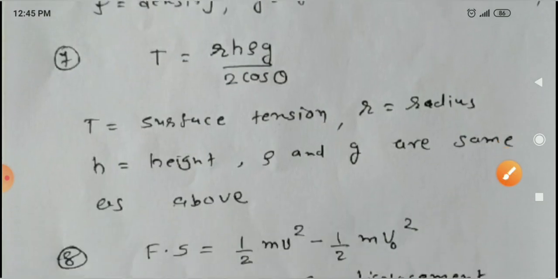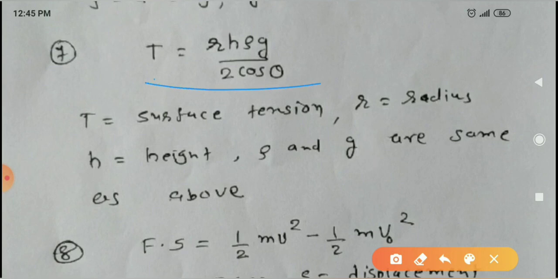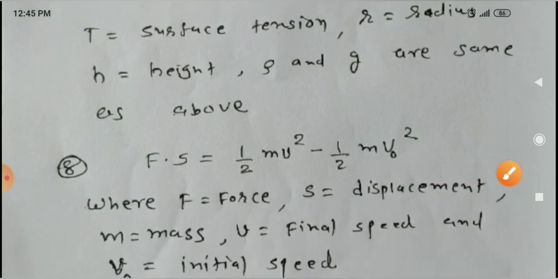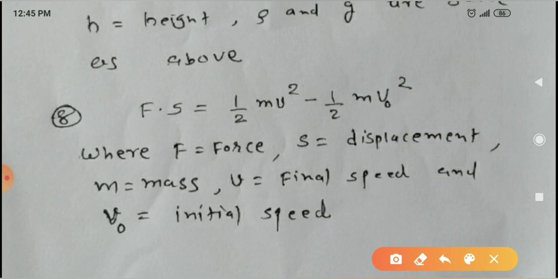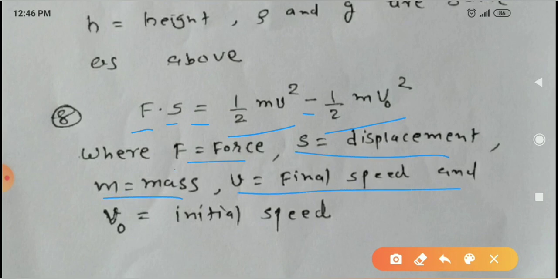Students, the next equation is T equals R h rho g upon 2 cos theta, where T is surface tension, R is radius, h is height, rho is density, and g is gravitational acceleration. Next equation is F into S on the left hand side equals half mv square minus half mv0 square, where F is force, S is displacement, m is mass, v is final velocity, and v0 is initial velocity or speed.